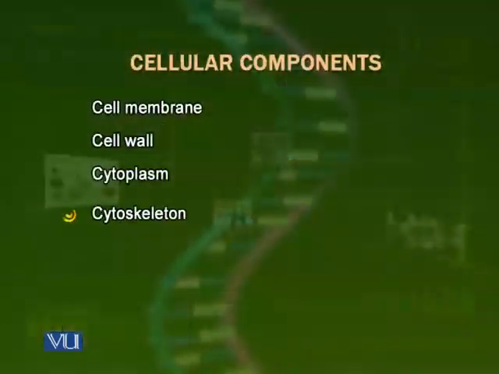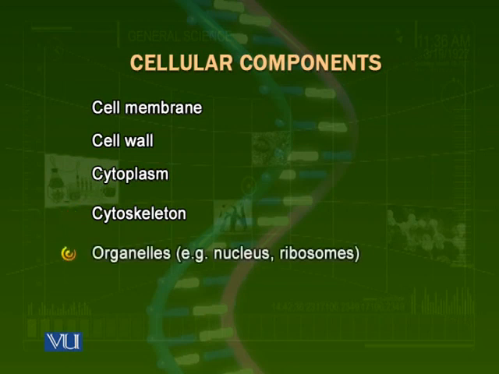The cell also has its skeleton, a framework which gives the cell its shape, helps in its movement, and sets its different organelles in place. Then come the organelles. Cells have organelles: mitochondria, the nucleus itself, endoplasmic reticulum, Golgi bodies, vacuoles, and many more.